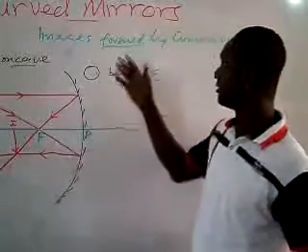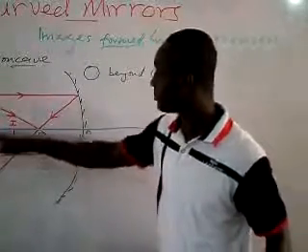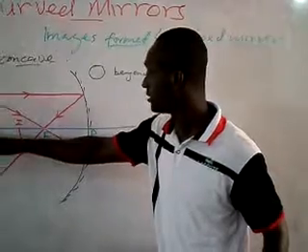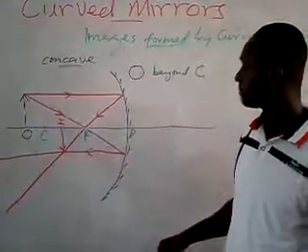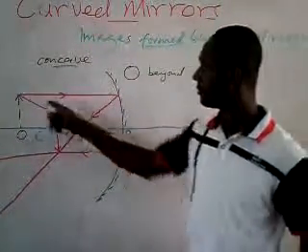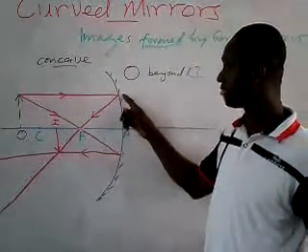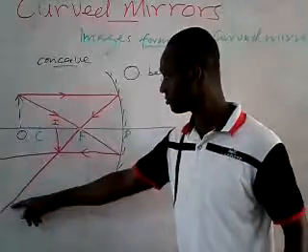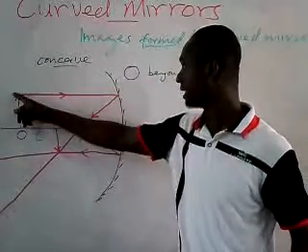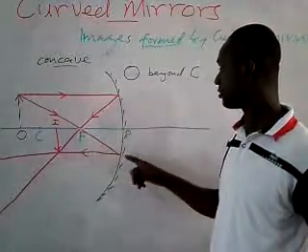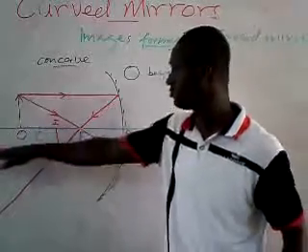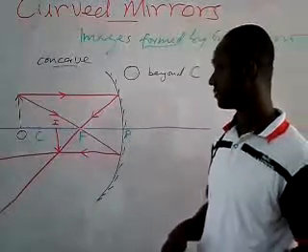So, as you can see, when an object is placed beyond C, then you obey the rules. Rays parallel to the principal axis reflect through the principal focus, and rays passing through the principal focus also reflect parallel to the principal axis.